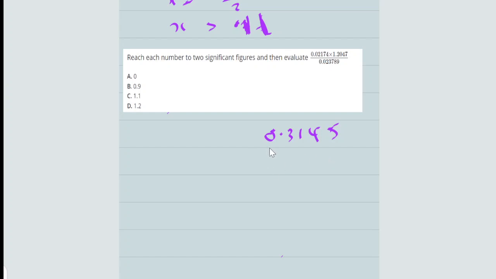When you are counting, you will not count this 0 because 0 is not a significant figure. Then you start from 3, 1. Then you stop here. Then you are going to have 0.31. So that's what you're asked to do here.